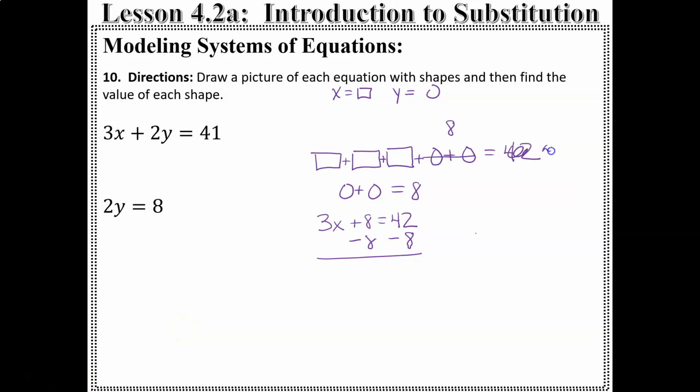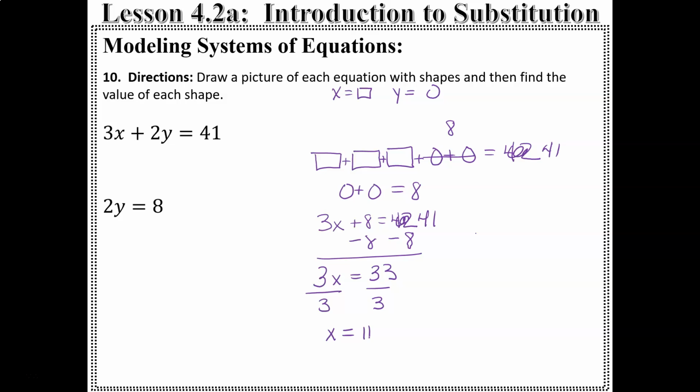Mrs. B made a copying error. Problem said 41, not 42. So when I subtract 8 from 41, I get 33. So I have 3 x's equal 33. If you divide by 3, I have x is 11. All right?